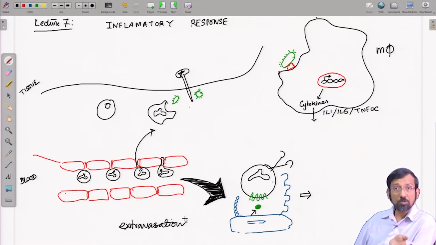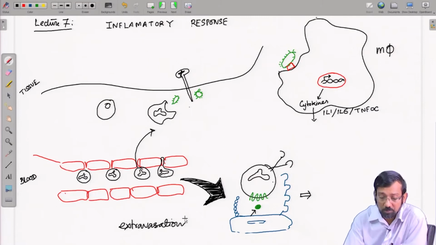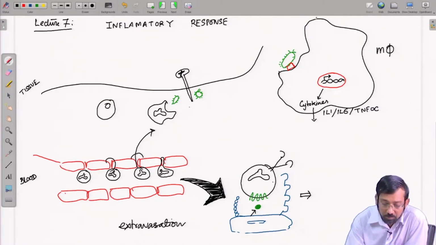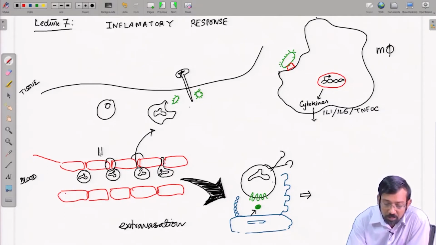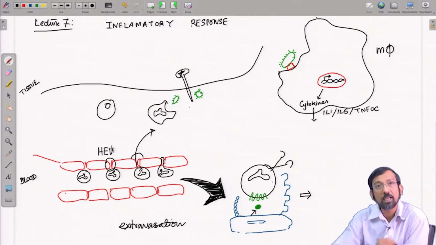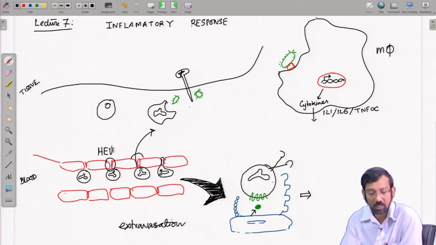And where do they cross from? They cross from these regions on the blood vessels, which are known as the high endothelial venules, or the HEV. From there they cross.